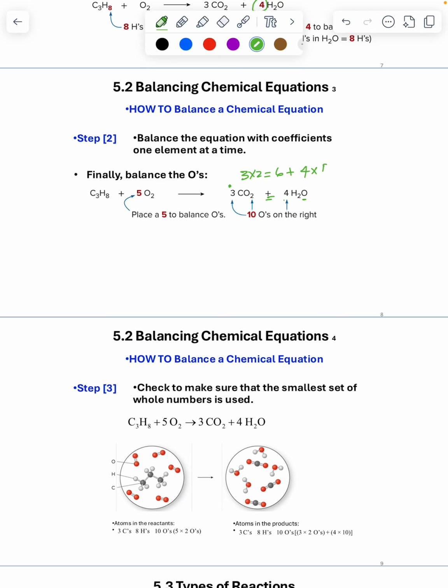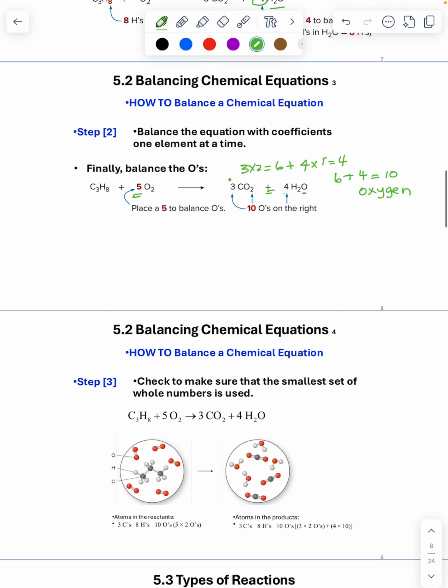So 6 plus 4 equals 10 oxygen on the product side. So I go to the reactant side and I think what times 2 will give me 10, and of course that is a 5. So this is the final balanced equation. C3H8 plus 5O2 yields 3 carbon dioxide plus 4H2O.